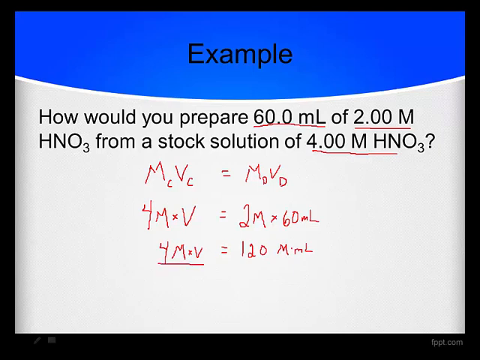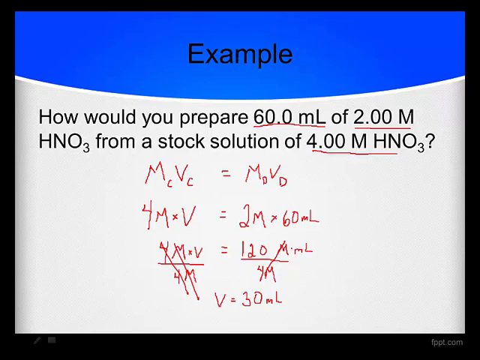Algebra says if we want to get rid of stuff on the left side, since it's being multiplied, we want to divide it. So I'm going to divide by 4 molar on both sides. The 4's cancel, the molars cancel. Heck, the molars cancel on the right side, leaving me with milliliters. So when I find my final answer of volume, it's 120 divided by 4, and that sounds like 30. Okay.